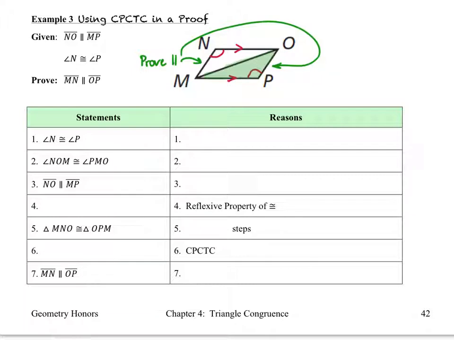As we're looking at this, we remember parallel lines with a transversal going through them, such as segment MO, create alternate interior angles that are congruent. So that means we have angle MON and angle OMP that are congruent because they are alternate interior angles.